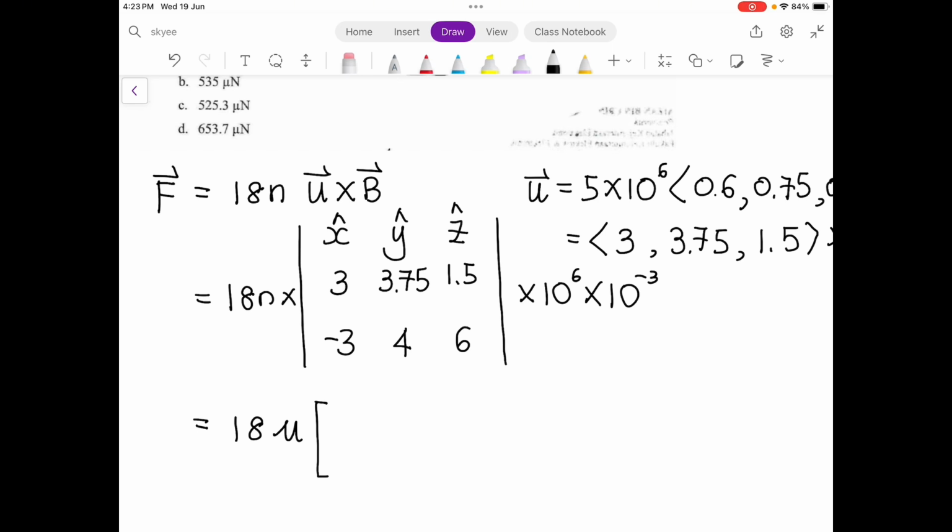Then we go to vector B. It's 3 dimensions: negative 3, 4, and 6. And then we go to vector calculations. We go to vector A.